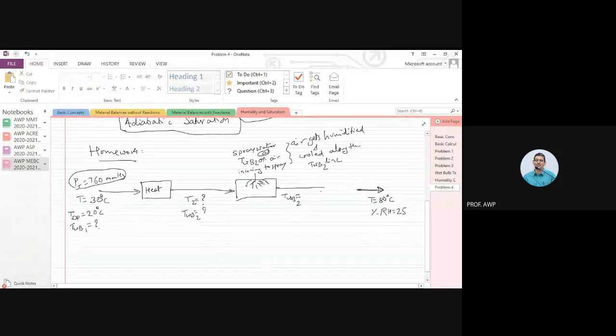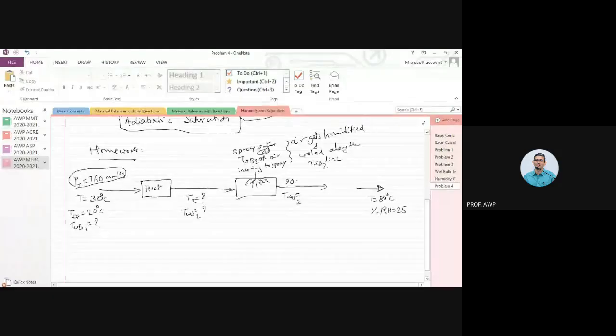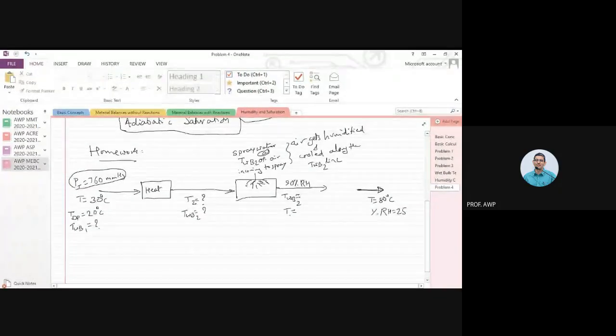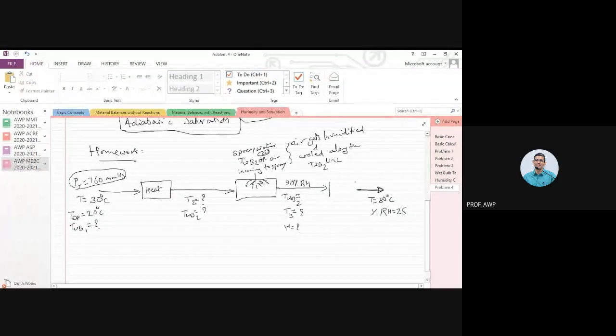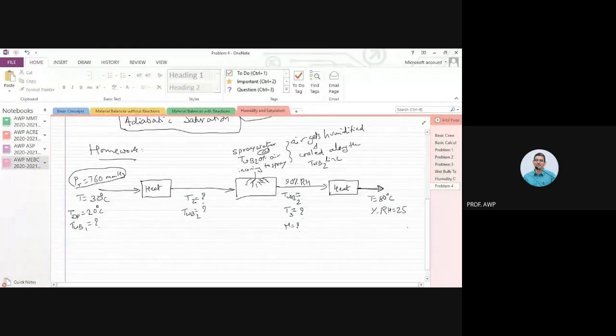Okay, we want this to be, let's say, 90% RH. The air coming out after the spray chamber has to be 90% RH, not 100% RH. So T3, and of course humidity, and then we finally heat, so that we get this temperature of 80 degrees centigrade and percent RH of 25. Okay, so that's your homework.